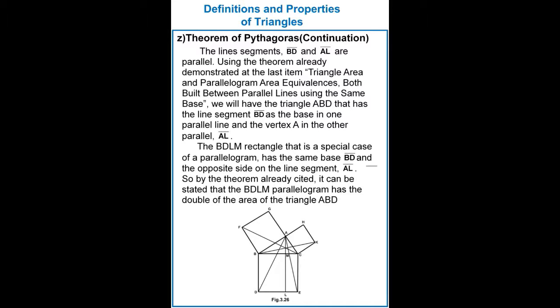The BDLM rectangle, which is a special case of a parallelogram, has the same base BD and the opposite side in the line segment AL. So by the mentioned theorem, we can say that the parallelogram BDLM has twice the area of the triangle ABD.